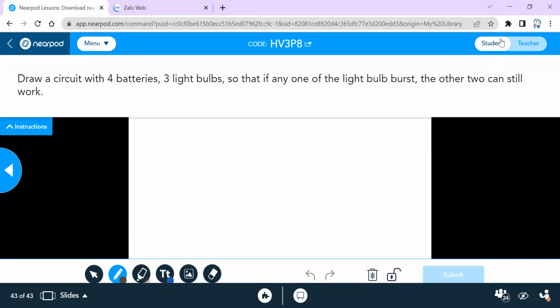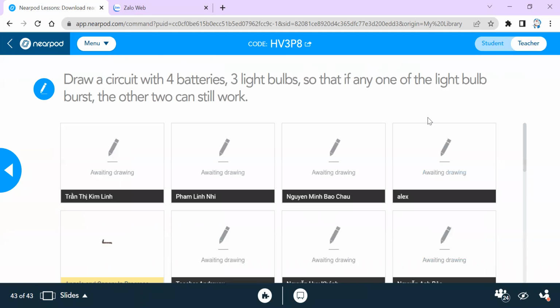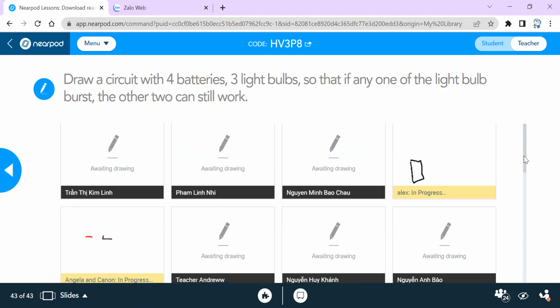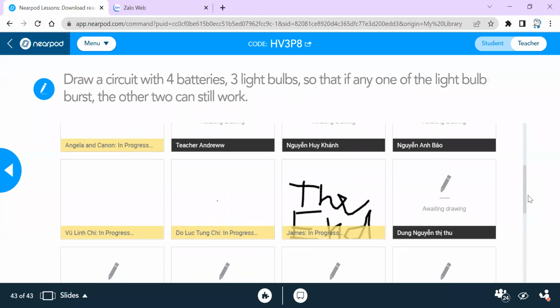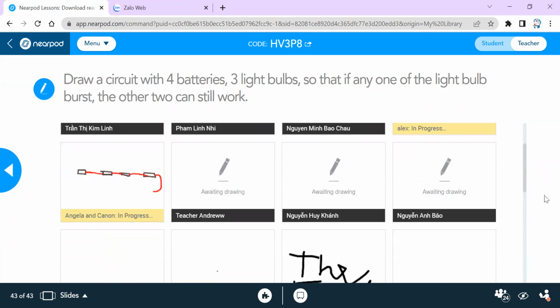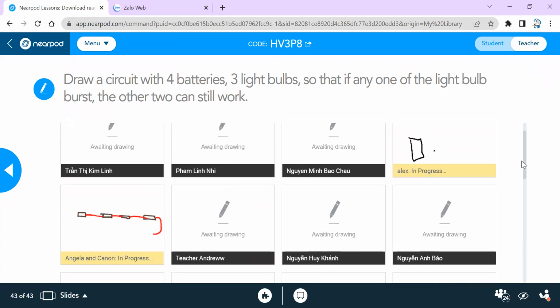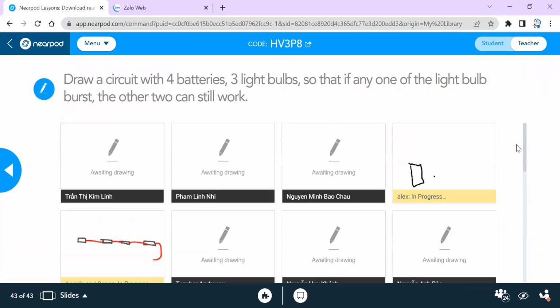So students, you have 5 minutes to draw a circuit with 4 batteries and 3 light bulbs, so that if any one of the light bulbs bursts, the other 2 can still work. All right. Okay, I'll give you 5 minutes to draw this.